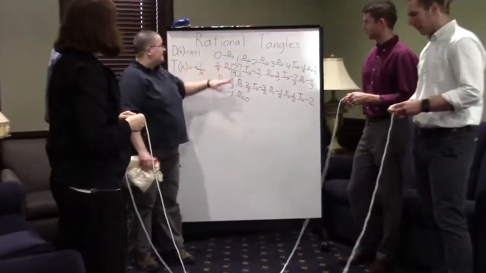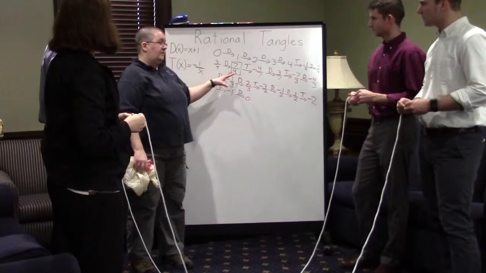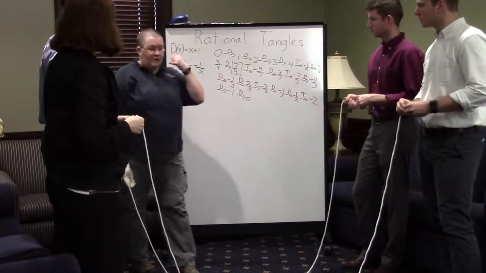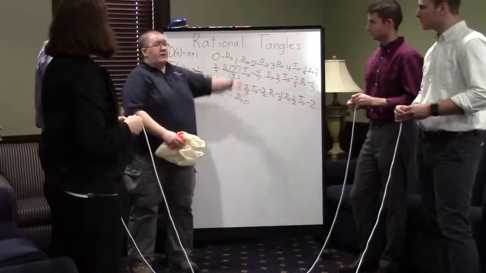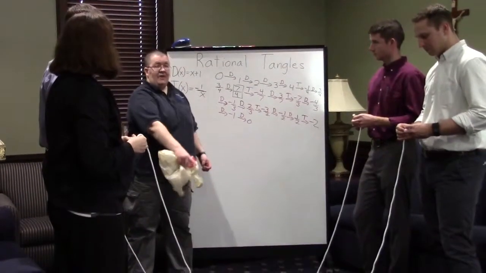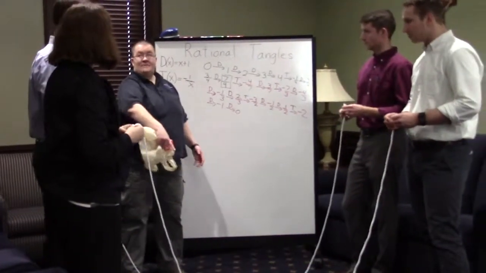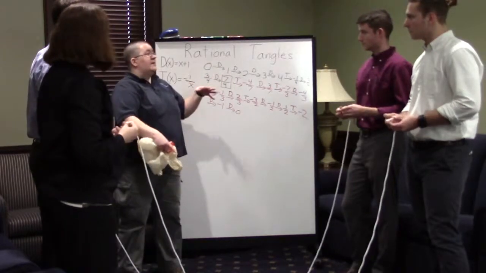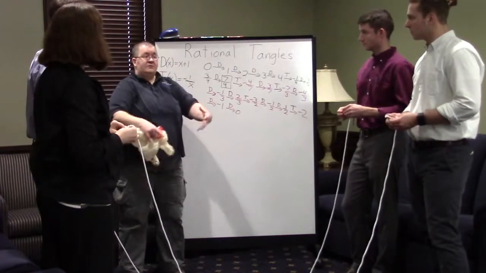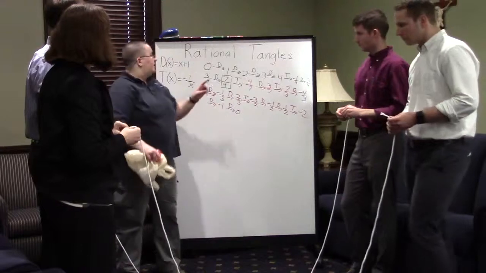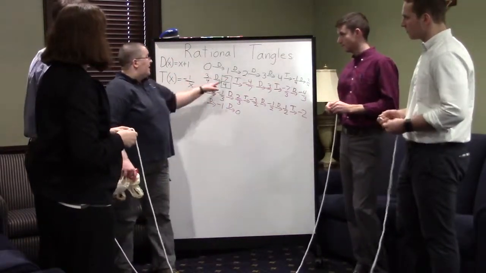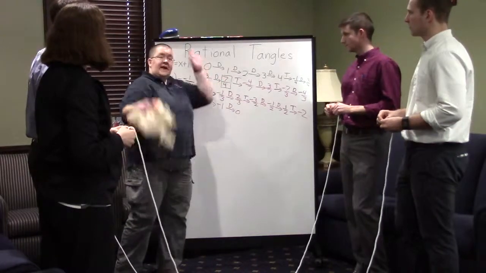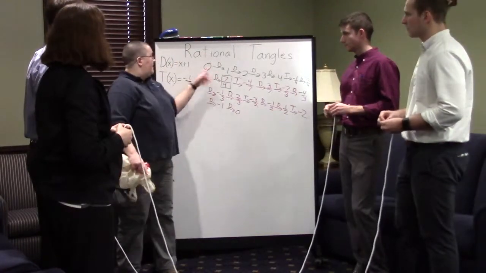So now, this is an example of a mathematical model. If I were to try to call somebody in another room when it was tangled up at 7/4, and describe to them how they need to tangle their ropes to get it the same as mine, it would be a very complicated thing to describe. But if they understand these moves, and I just tell them I got to 7/4, they could figure it out.